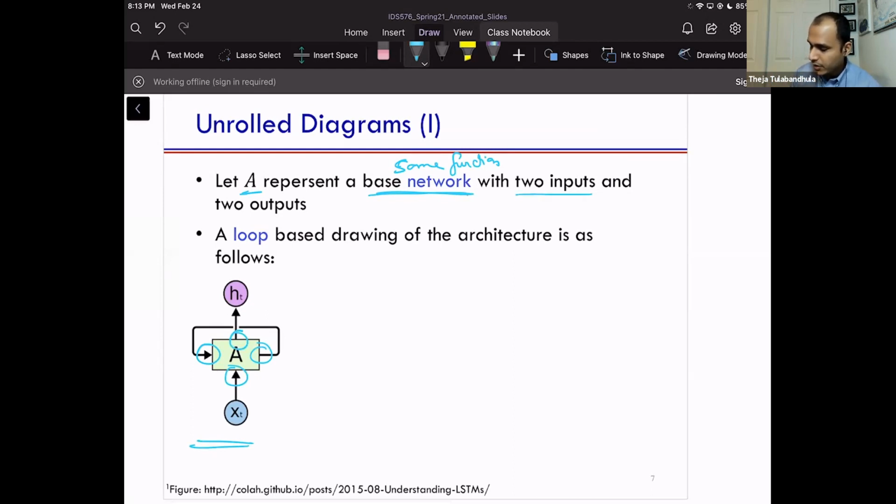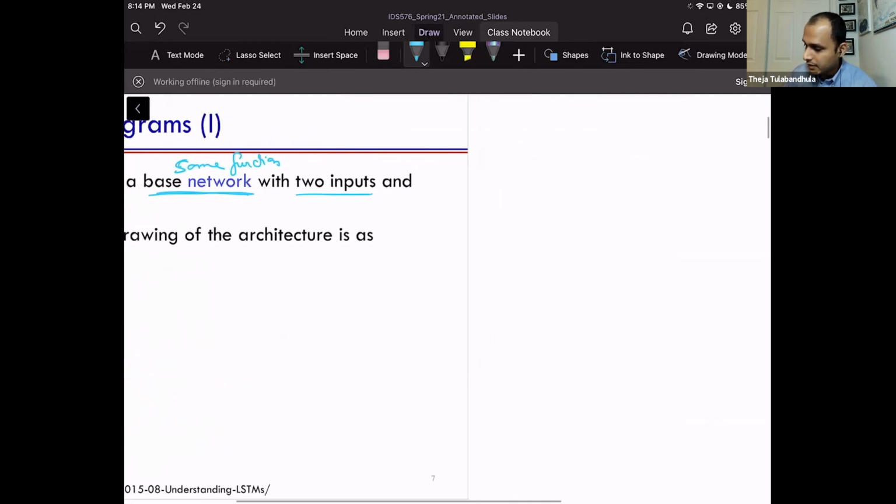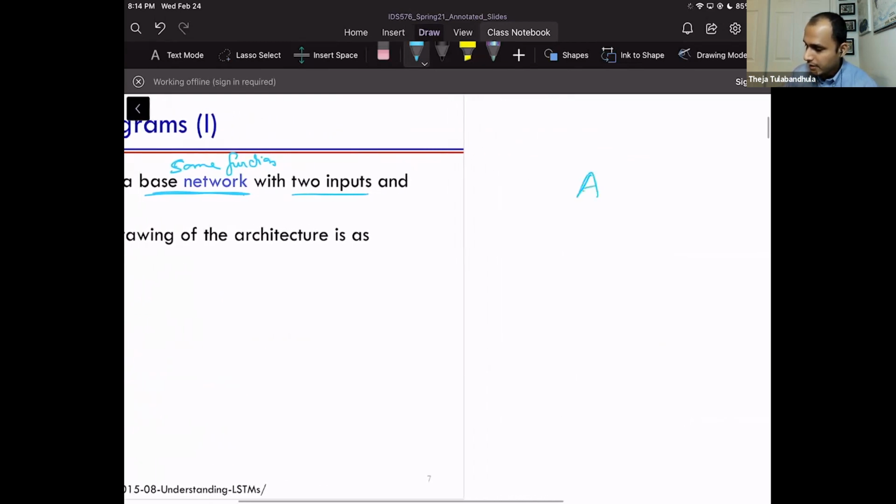It's a function which takes 2 inputs and produces 2 outputs. So just think of A as a function taking input 1 and input 2, and producing output 1 and output 2, right? This is what it's doing.